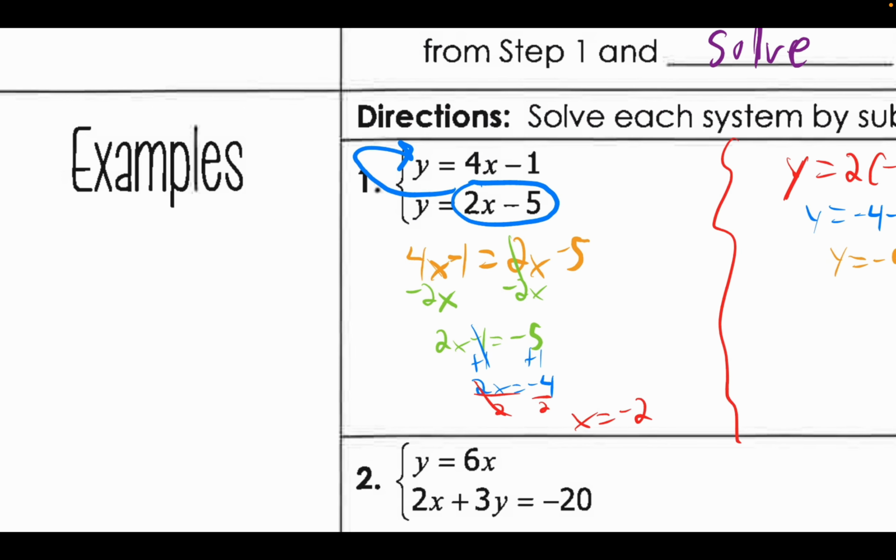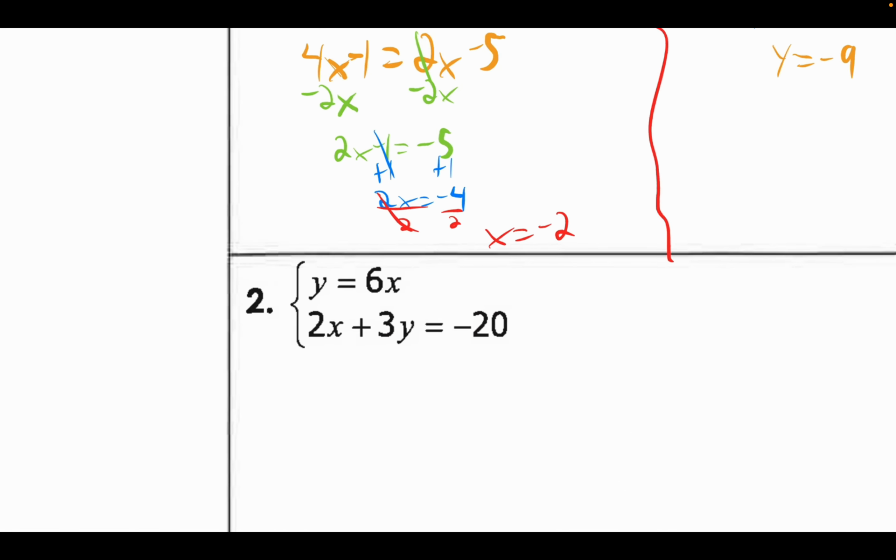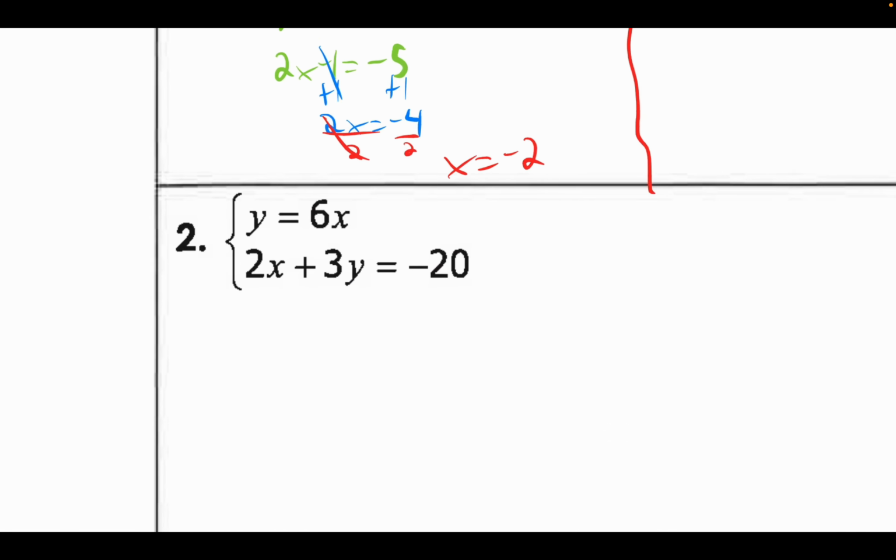Moving on to number 2 here, we see y equals 6x and 2x plus 3y equals negative 20. So we have one equation where a variable is by itself, and all we need is one equation for a variable to be by itself. And so what we do is we say that y equals 6x, or is the same thing as 6x. And because that is the case, we can take this 6x and substitute it in for y in the other equation.